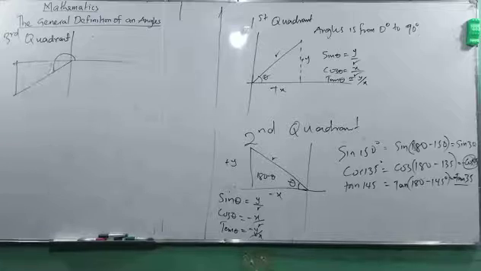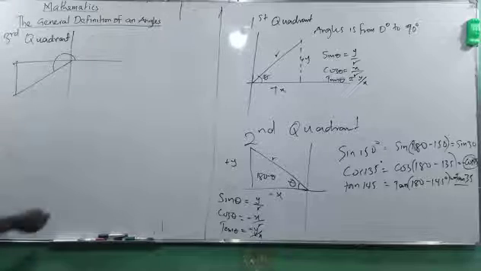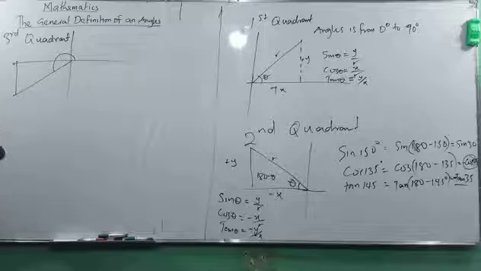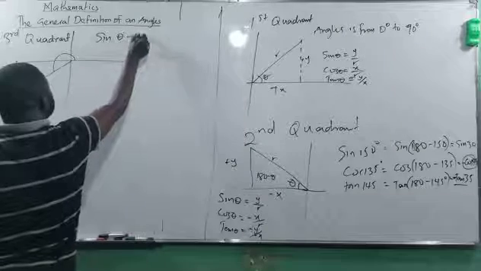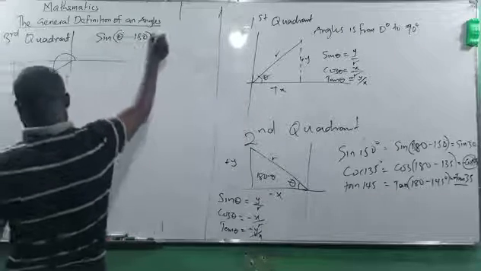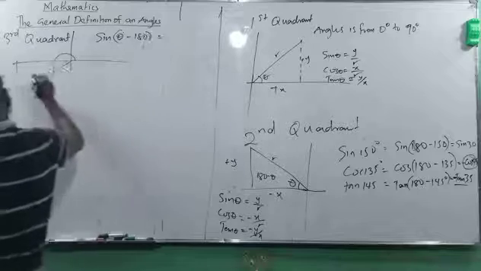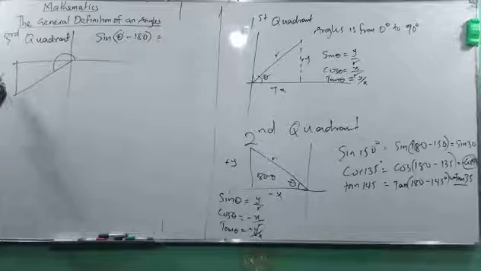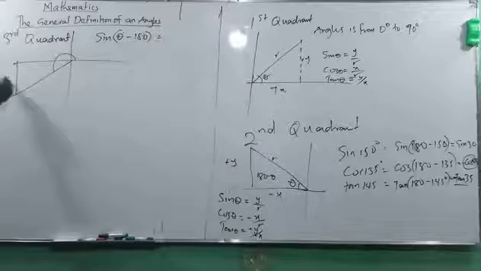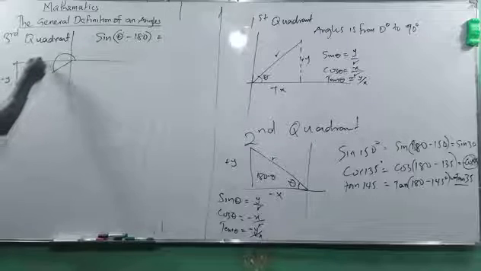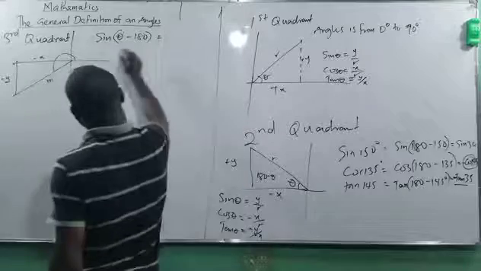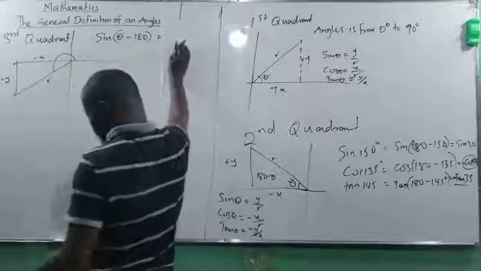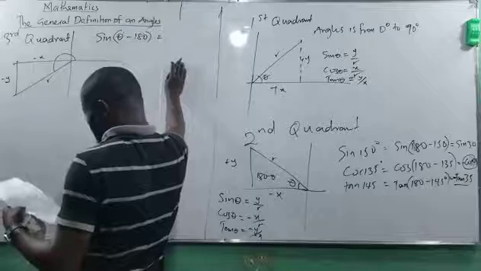Now, it's the third quadrant, and we talk about sine of theta minus 180, which is going to be what? You all know that this is minus y, and this is minus x. This is going to be r, and it means I'll be having 180, hope I'm not making a mistake.